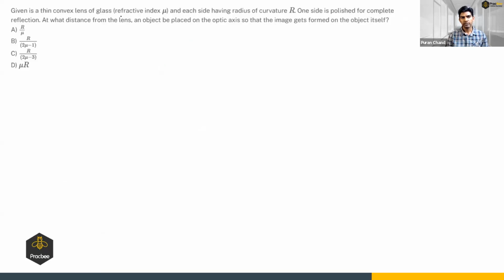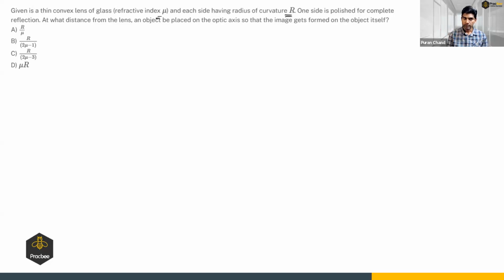Given a thin convex lens of glass of refractive index mu, and each side having a radius of curvature r, one side is polished for complete reflection. At what distance from the lens should an object be placed on the optical axis so that the image gets formed on the object itself? So it means the effective combination, effective mirror, we have to place the object at the center of curvature, right?